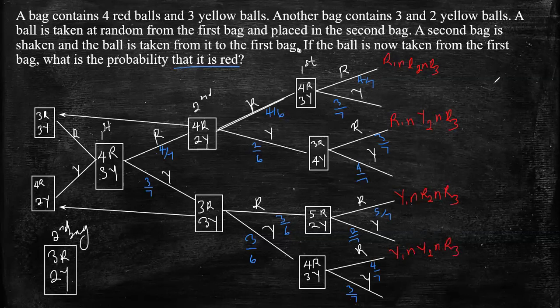Since I have limited space, let me just use this space here to multiply, and then we shall add. So the first one is 4 out of 7 times 4 out of 6 times 4 out of 7. And this one here is 4 out of 7 times 2 out of 6 times 3 out of 7.